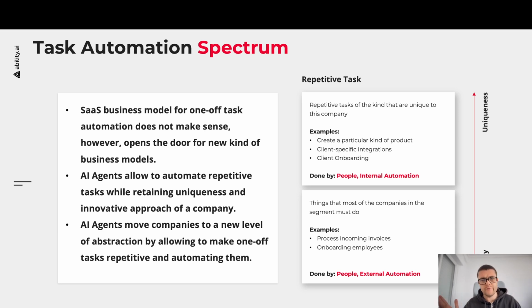A very straightforward example is if you can create dozens of landing pages in an automated fashion and do that at the right level of quality, then of course you can turn it from a one-off task into a repetitive task, which means that you can automate it while retaining the uniqueness of what you're offering.